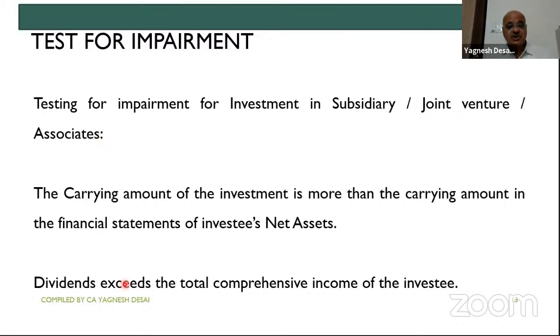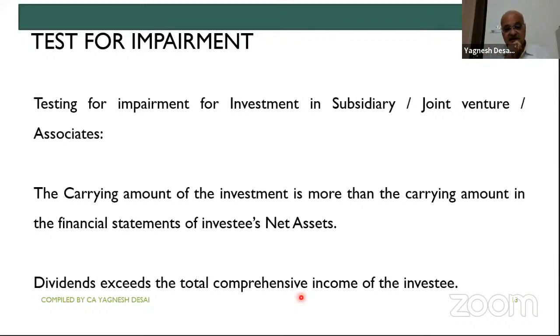Dividend exceeds the total comprehensive income of the investee. So total comprehensive income, as all of us know, is nothing but the net profit after tax plus other comprehensive income, OCI, which is equal to total comprehensive income, TCI.